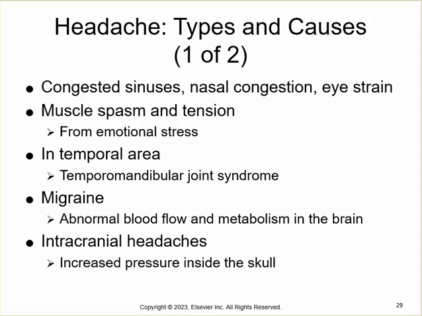Tension headaches from muscle spasm often are from like clenching your teeth because you're upset, your emotional distress. The muscles of your scalp and facial expression have too much tension in them, and you'll have pain from that.